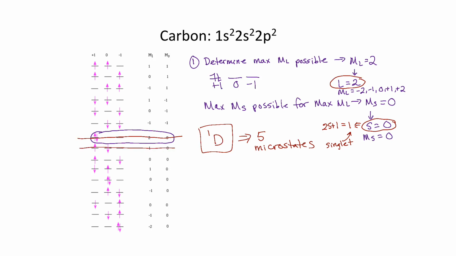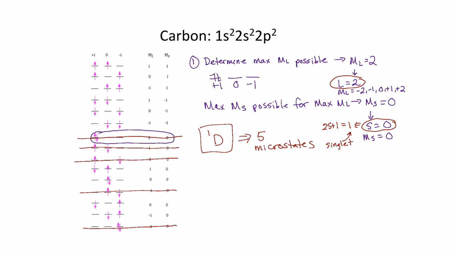So we can get rid of that. We should have a 0, 0. We should have a minus 1, 0. We should have a minus 2, 0. And so we'll scratch those ones off. So there's 5 microstates that we've been able to check off under our singlet D term symbol.